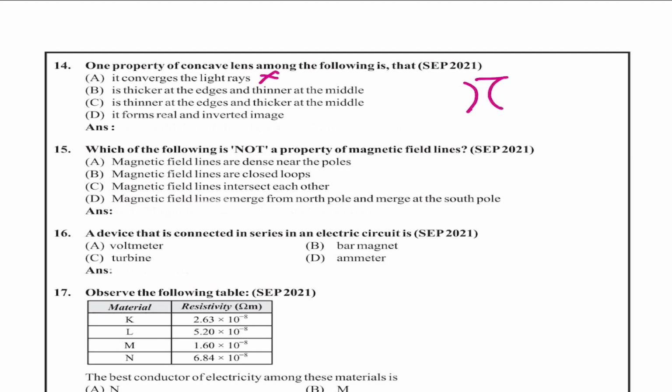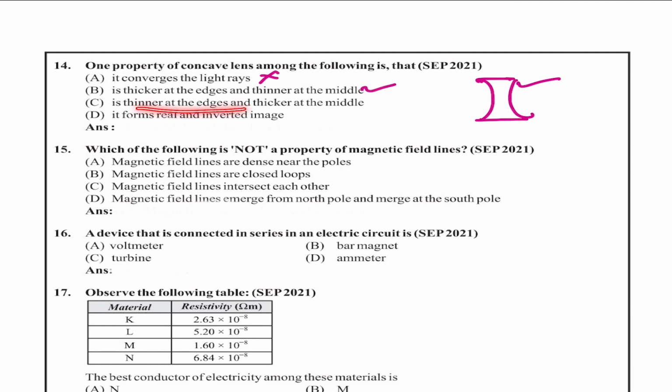Is thicker at the edges. This is how the concave lens looks. It is thicker at the edges and thinner at the middle. Yes, it is thinner at the middle compared to its edges.